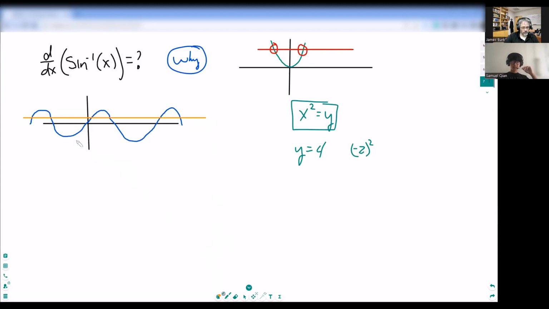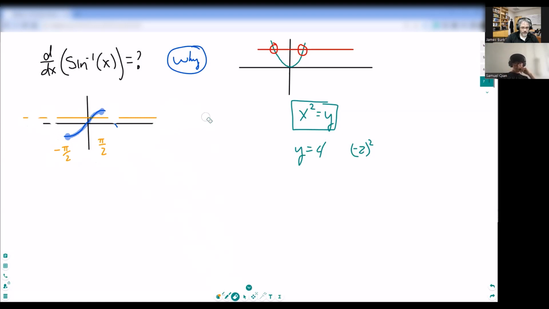Perfect. And remember, the section that we typically pick is from here to here, not negative pi to pi, but negative pi over 2 to pi over 2. Those are the restrictions that we typically place. Otherwise, it's not invertible.